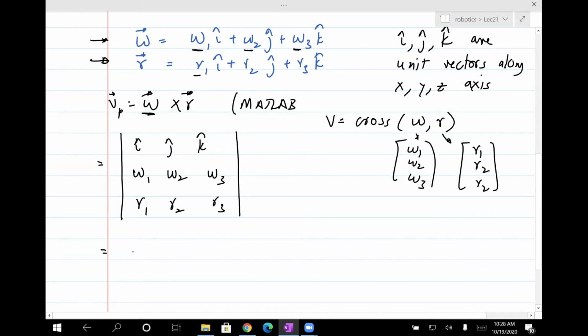This form can also be evaluated in MATLAB using the determinant, but the way you'll do it by hand is you'll take i times omega 2 r3 minus omega 3 r2, minus j and so on. Don't worry if this was intimidating, you will not have to use this. I'll just use this because I need it for a derivation later on.